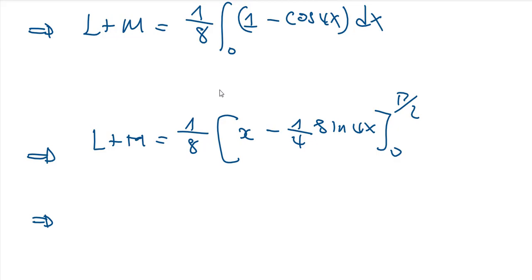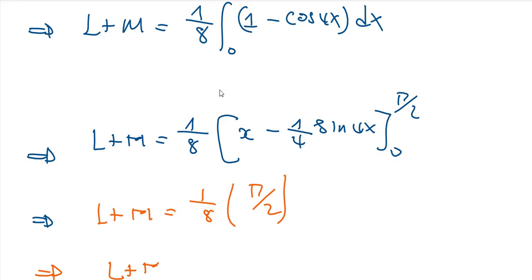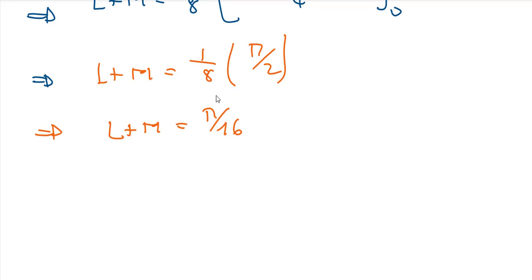Now the upper limit, we have L plus M will be equal to 1 divided by 8 factor of pi on 2. Now, if I replace pi on 2 here, that will give us sine 2 pi, and sine 2 pi is 0, and the lower limit will still be 0. So what does it mean? It means that my L plus M is equal to pi divided by 16 units.